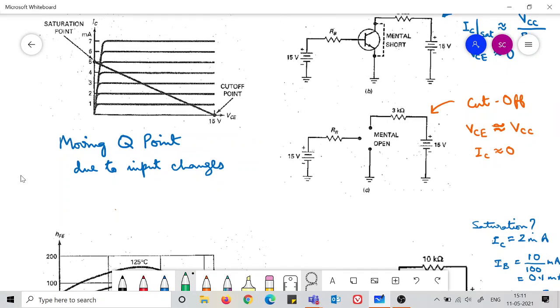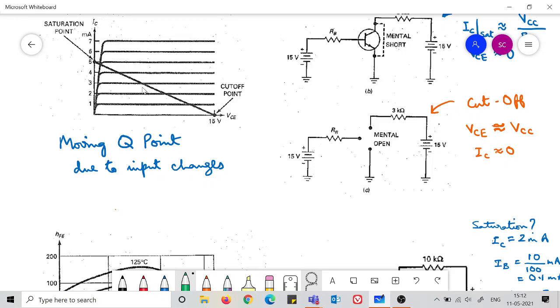I hope everything is fine there, and what we have noticed is that the Q point is very sensitive to any changes in the network. Why? Because IC, the output current, and VCE, these are the Q point: the particular operating current IC and the particular operating voltage VCE.